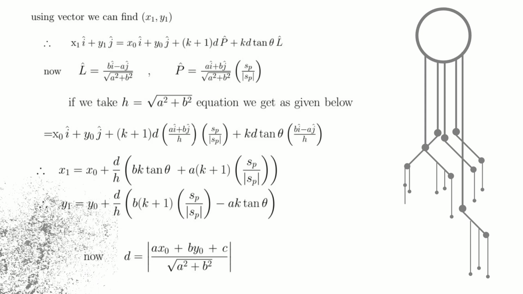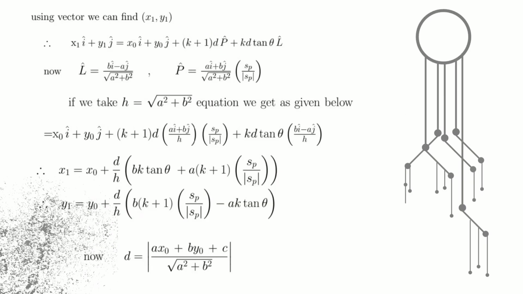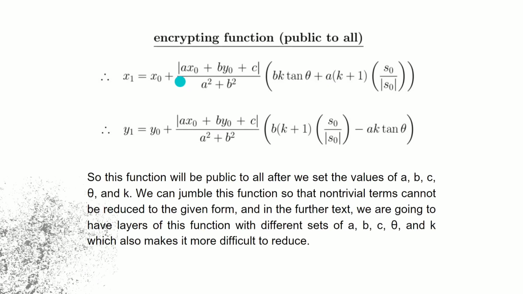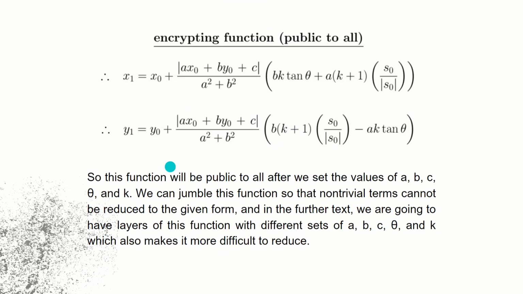Then there is some hard maths followed by it, and we just use that. Now we take this and we get this d. Now using this we get this encrypting function. Now what is this encrypting function? It requires two values as input, x0 and y0, and we take the values of a, b, k and theta, which would be private to the receiver, and we construct this function, and this would be public to all.